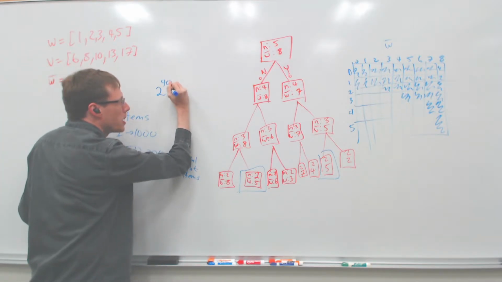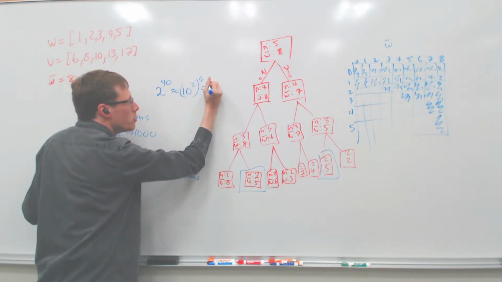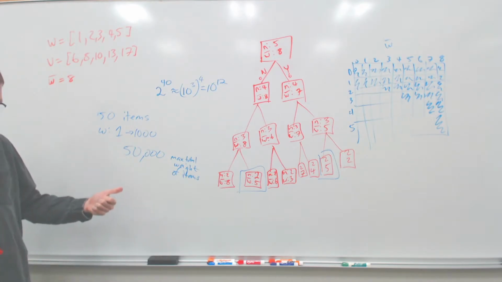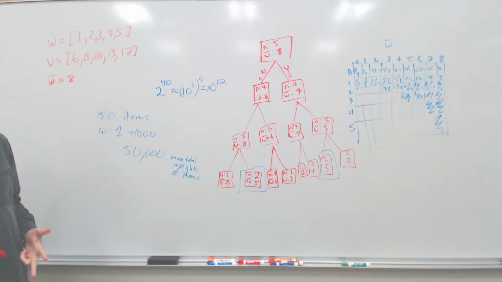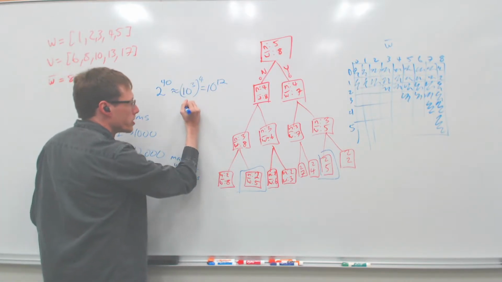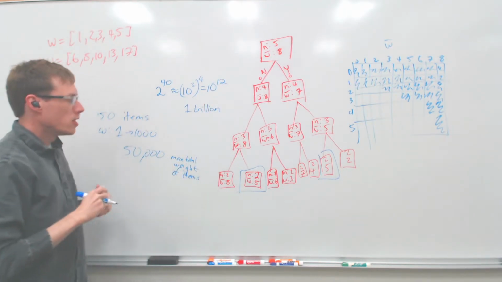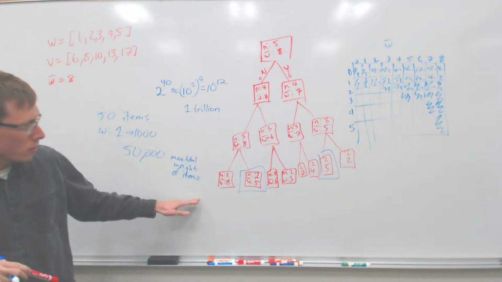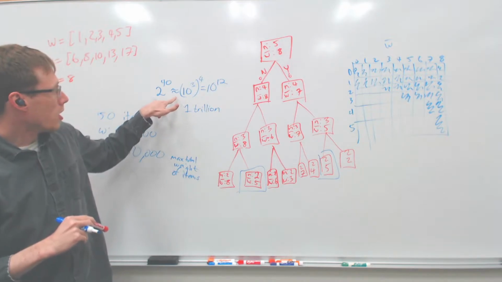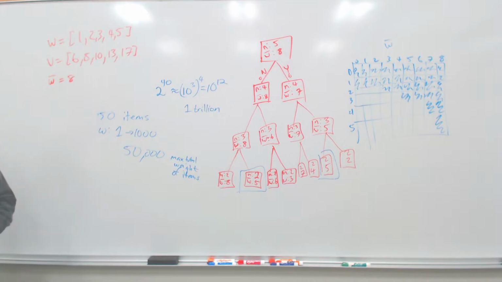So this is about 10 cubed to the 4th, which is 10 to the 12th. 10 to the 3rd is 1,000, 6 is a million, 9 is a billion, and 12 would be a trillion. So about 1 trillion nodes here. Just like over here, we have 8. By the time we get down to the 40th or so, we'll have a trillion.